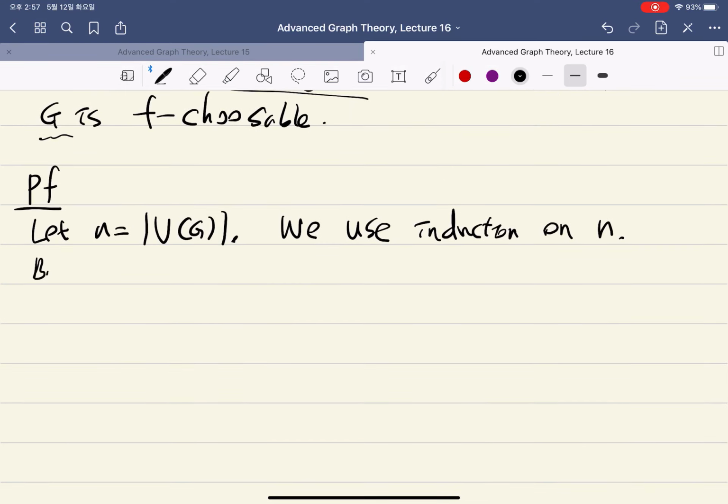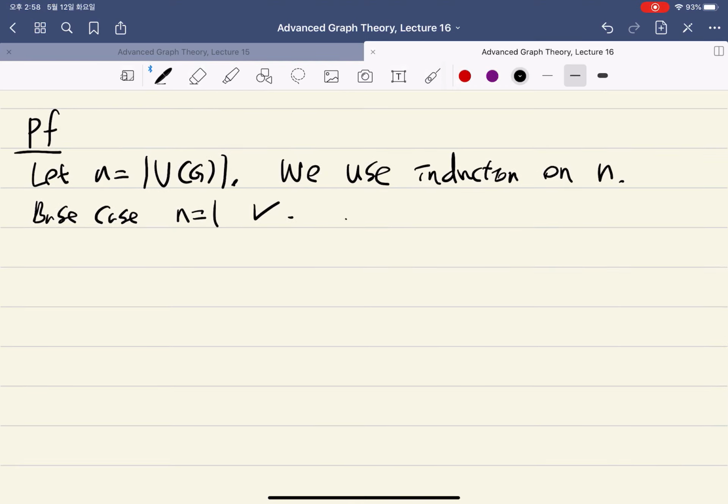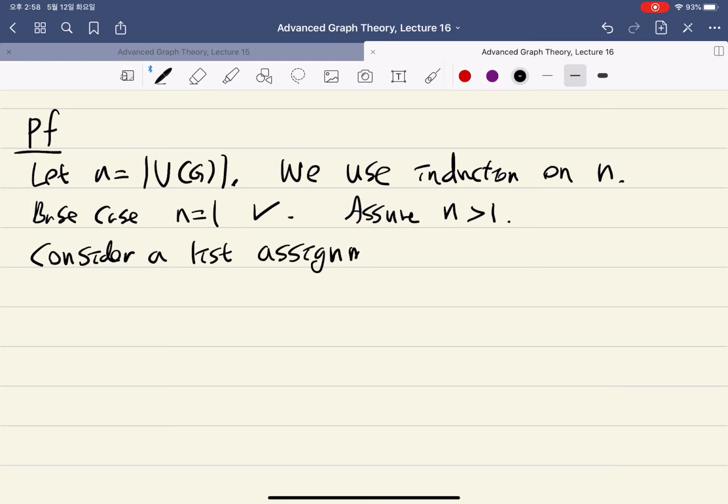And the basis case is okay. As n equals 1, then it's easy. So assume n is bigger than 1, and consider an arbitrary list assignment L with, at each vertex, size f of x.